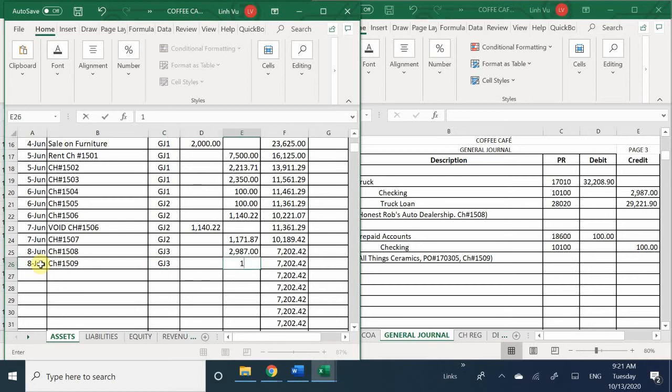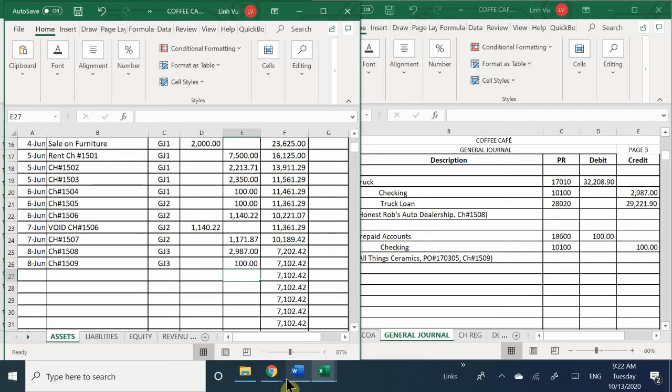And this time I'm crediting my account for $100, which should now take me from $7,202.42 down to $7,102.42. Okay. All right. I'll give you guys a few seconds to catch up.